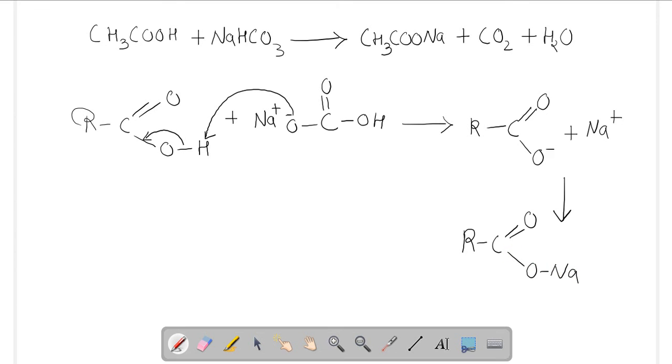Now here you can see that C double bond OH is there, and a formation of OH has taken place. So this OH will again attack the H plus ion which is present there in this particular ion, where a single atom is present out here.